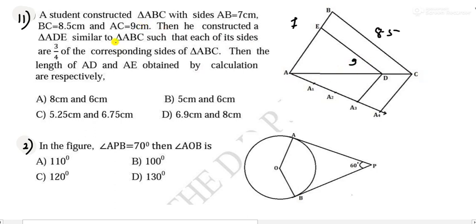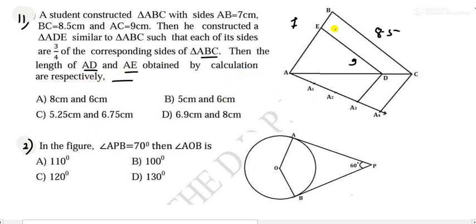Then he constructed triangle ADE similar to ABC, such that each of its sides is 3 by 4 of the corresponding sides of ABC. Then the lengths of AD and AE by calculation are respectively dash and dash.